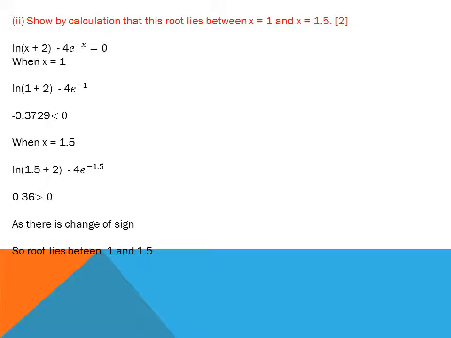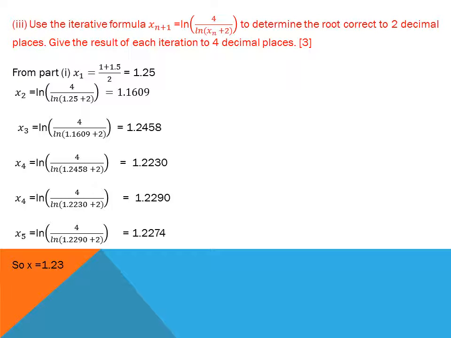And again I put the value of 1.5 in this equation. I get 0.36, which is greater than 0. So when there is a change of sign, it means the solution lies between these two points. Hence proved that the root lies between 1 and 1.5.